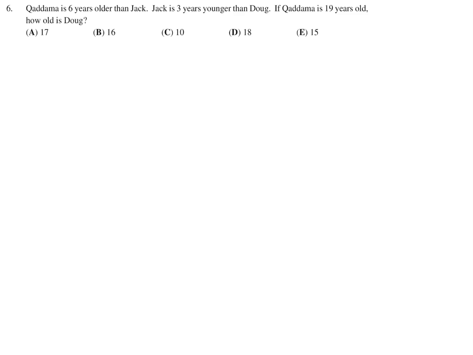Kadama is 6 years older than Jack. Jack is 3 years younger than Doug. If Kadama is 19 years old, how old is Doug? So we'll create some equations here. Kadama is 6 years older than Jack. So Q is equal to J plus 6. And then Jack is 3 years younger than Doug.